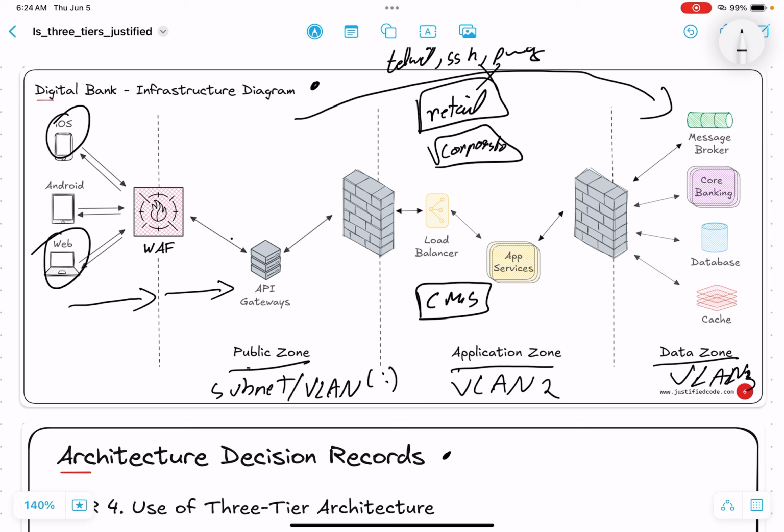We could have as well a middleware service responsible for communicating with internal systems like the core banking or external systems like the payment gateway or some credit history system used by the bank.